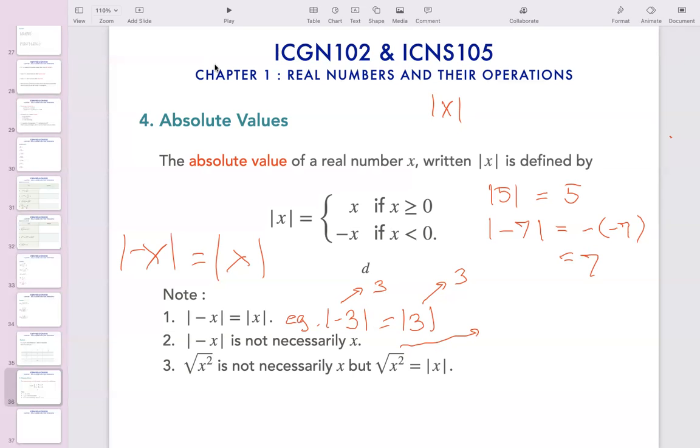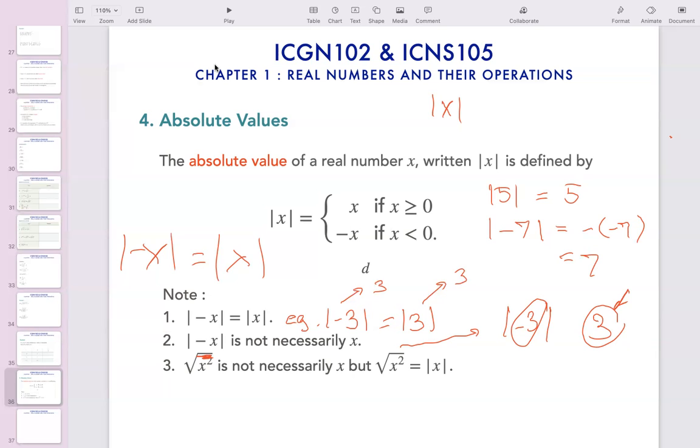Absolute negative 3 and 3: you can see that the values inside are different. So that means the value of negative x in here is not necessarily equal to the value of x that you have got here.